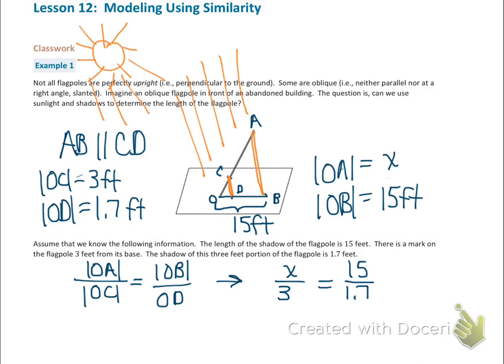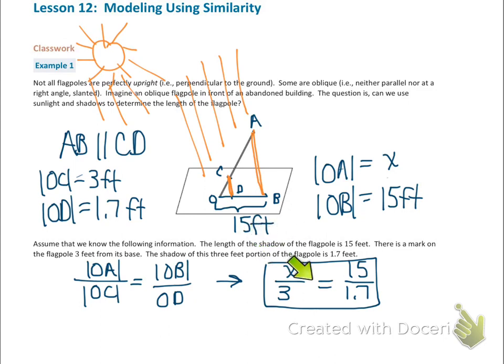So to solve this, like we did in lesson 11, this is a proportion because it's two ratios set equal to one another, and I can write a new equation by looking at the cross products. Because anytime we have two ratios that are equal, the cross products are equal.